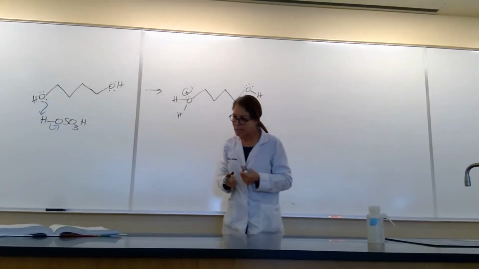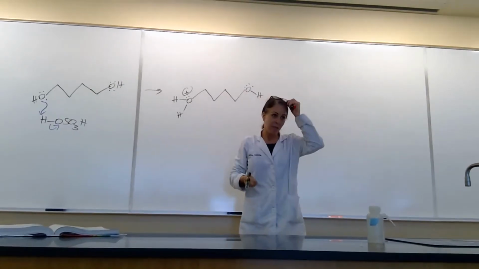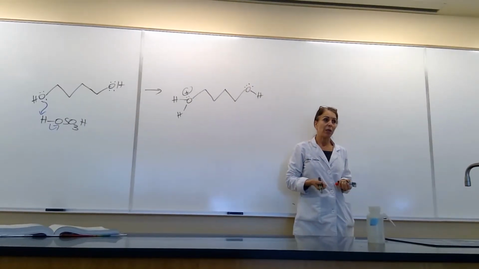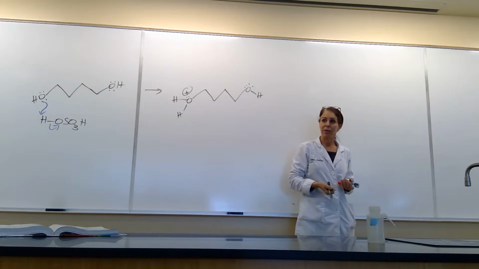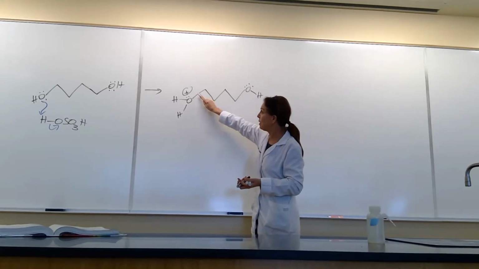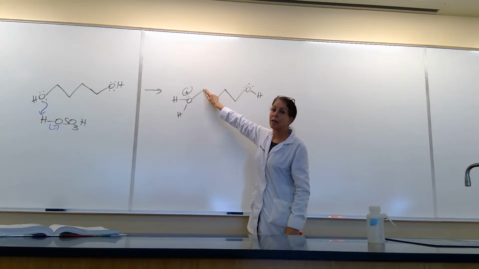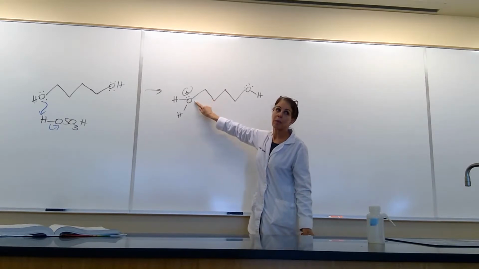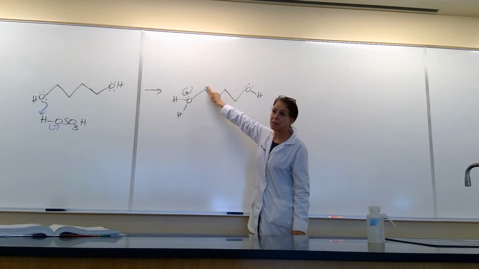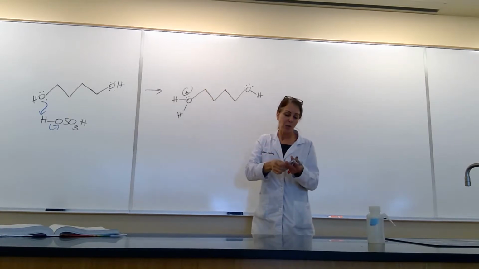It says sulfuric acid and heat. So what does that mean? If we heat, we have to have the water leave. So what should happen here? This will leave, you agree? But then we're gonna end up with what type of carbocation here, if it leaves in one step? It's gonna be primary, is this gonna work? No. So guess what happens?